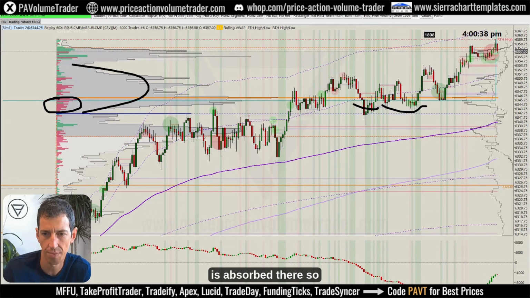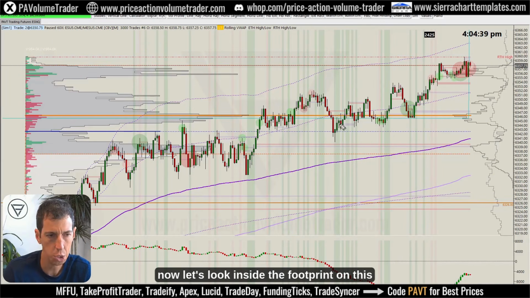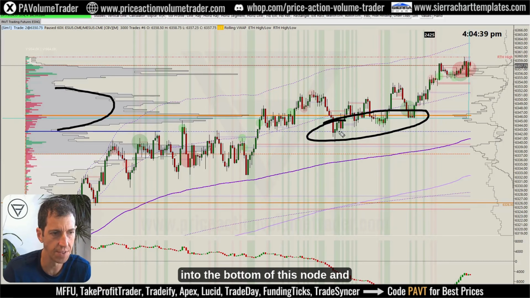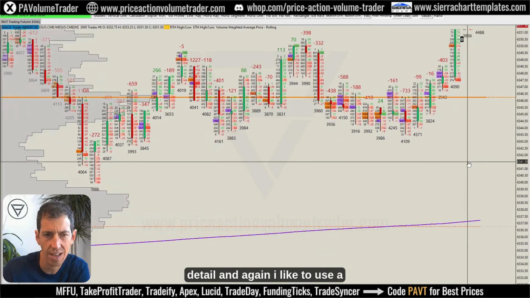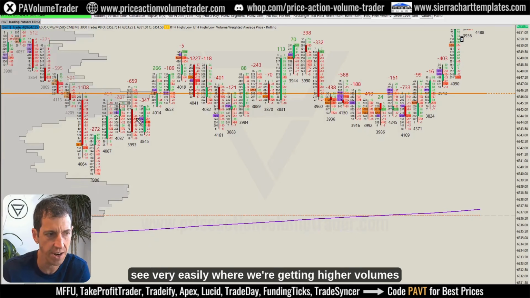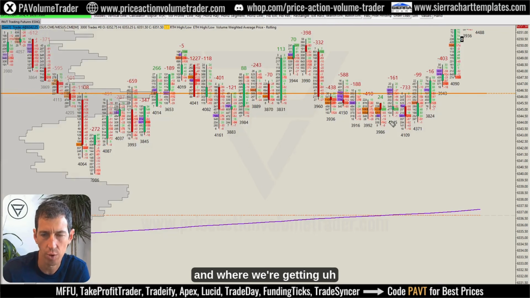So now let's look inside the footprint on this area right over here when we were coming back into the bottom of this node and all the retests that we have. I like to use a volume by delta footprint because it lets me see very easily where we're getting higher volumes and where we're getting bigger deltas.